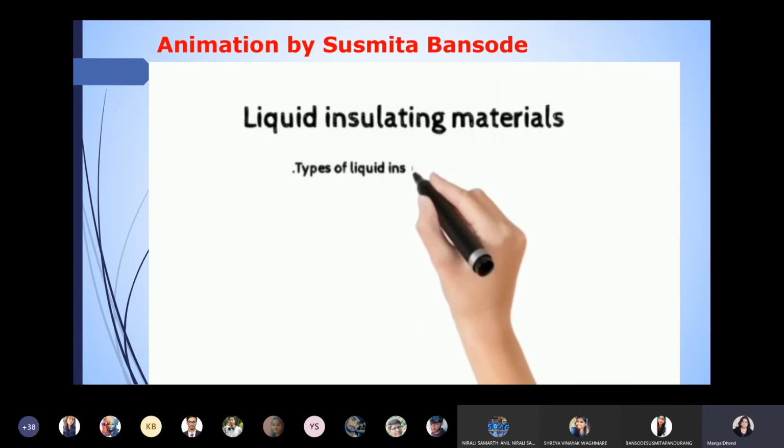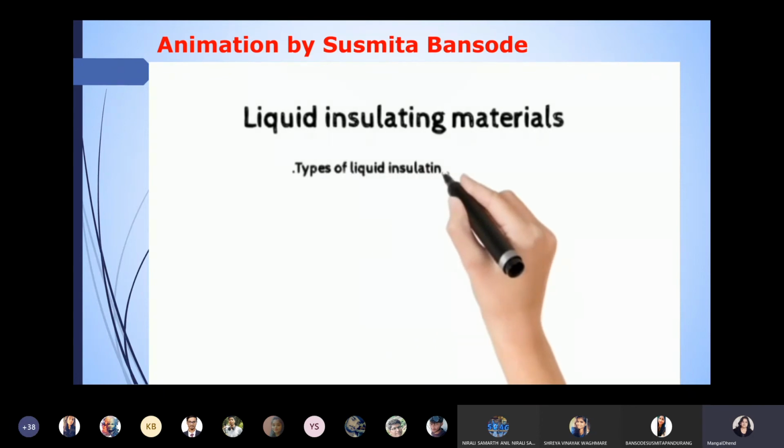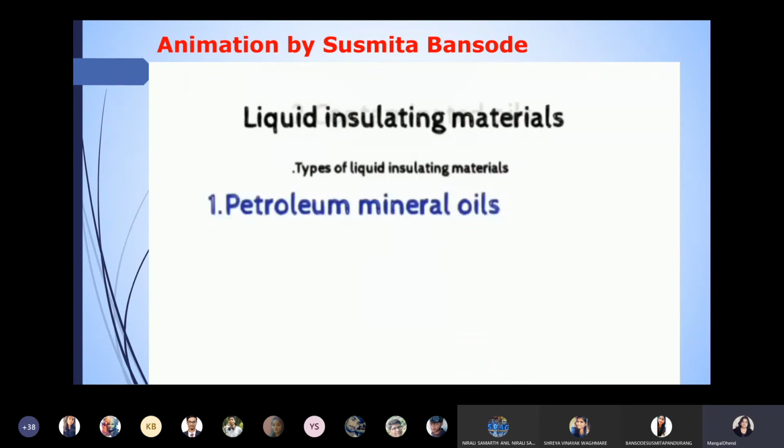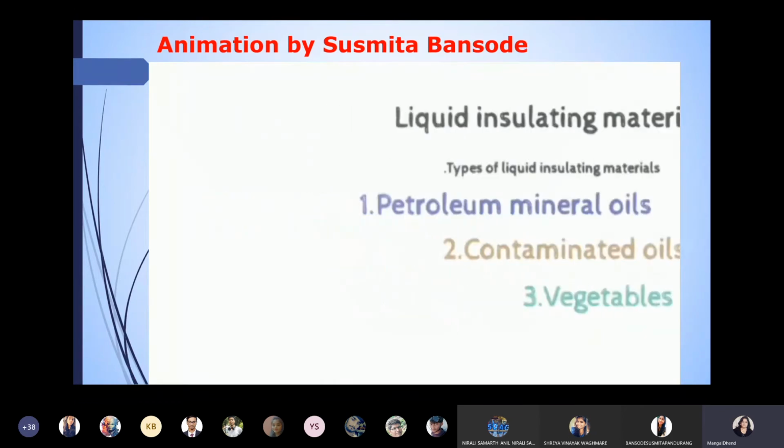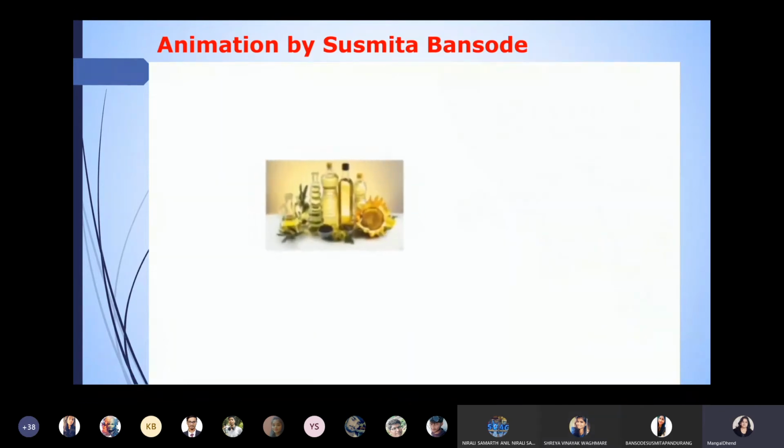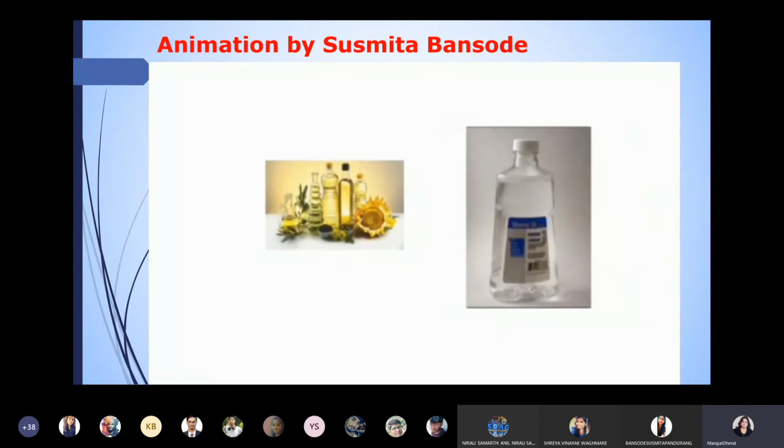We are going to study the types of liquid insulating materials: petroleum mineral oils, contaminated oil and vegetable oils. Here are pictures of vegetable oil and mineral oil.